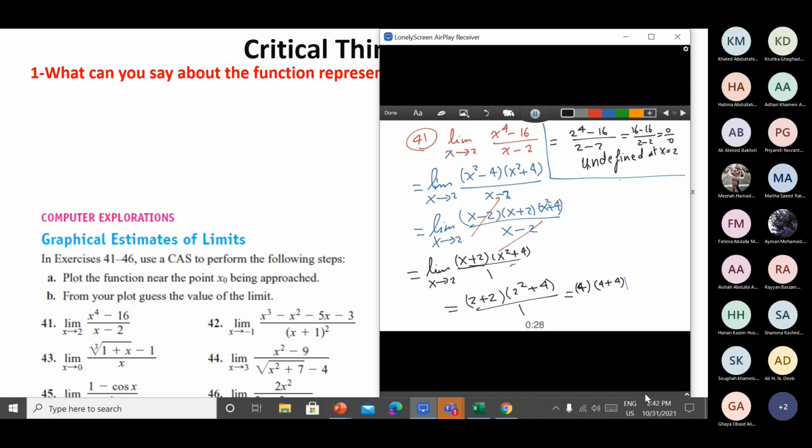So what do you have? 32. So this is a defined value, right? So this is how to find the limit for this one. Okay, let's go for the next one.